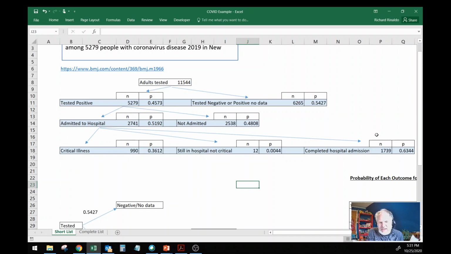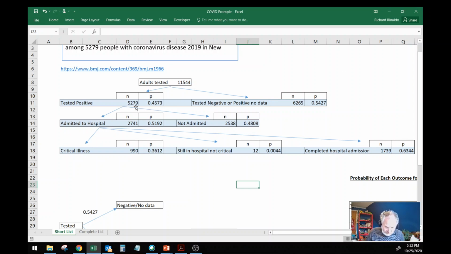So I can say 11,544 adults were tested, 5,279 tested positive, 6,265 tested negative, or they had no positive with no data, whatever that means. So in terms of proportions, roughly 46% tested positive, roughly 54% tested negative.